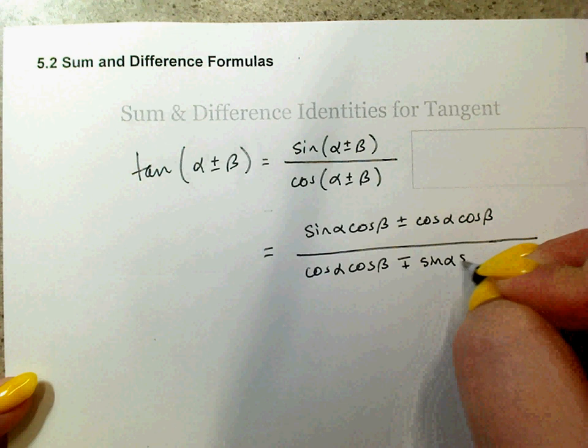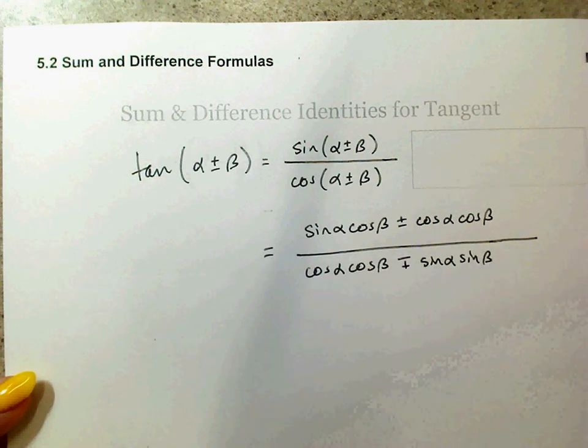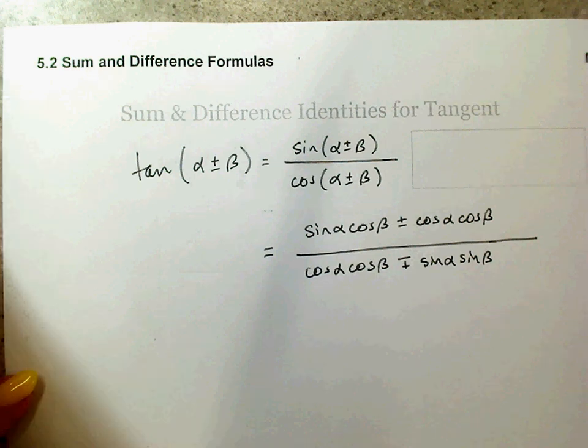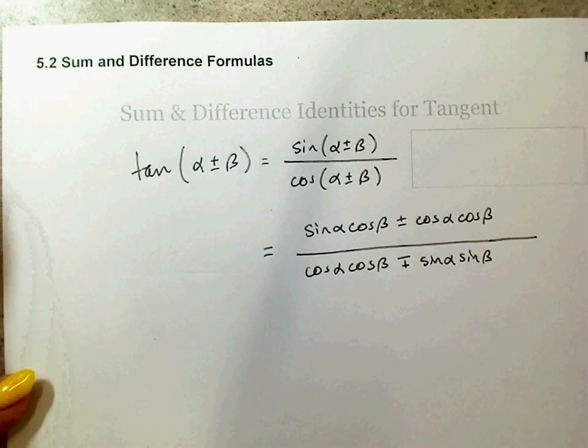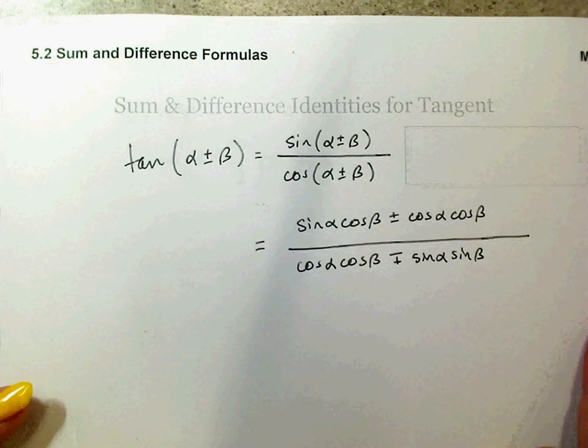Now what we're going to do is we're going to divide, let's see, let me think about this. I want to get something involving tangents, and tangent is sine over cosine.